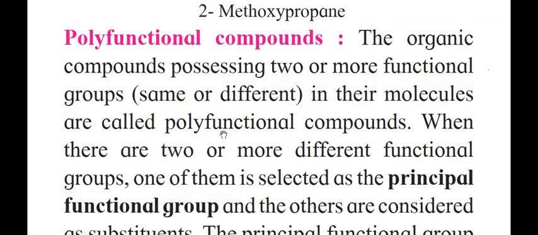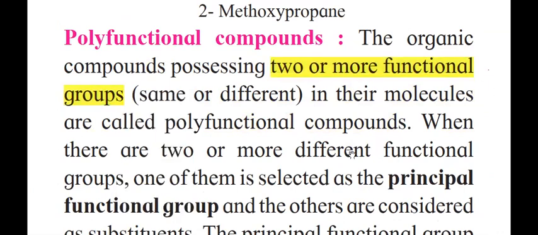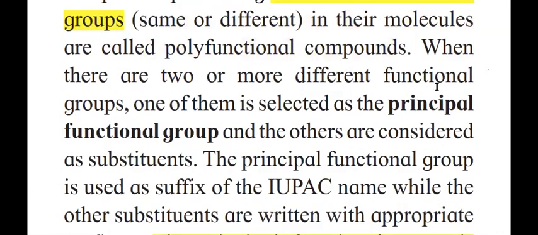The organic compounds possessing two or more functional groups are called polyfunctional compounds. When there are two or more different functional groups, one of them is selected as the principal functional group and the others are considered as substituents.